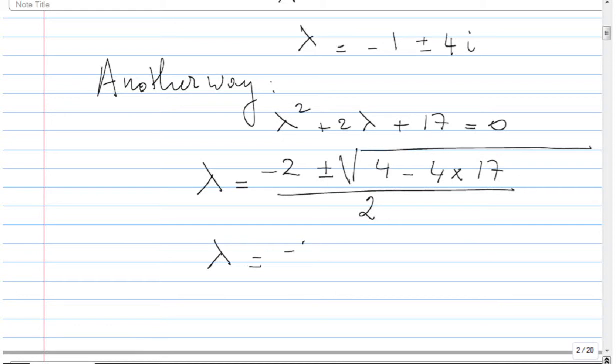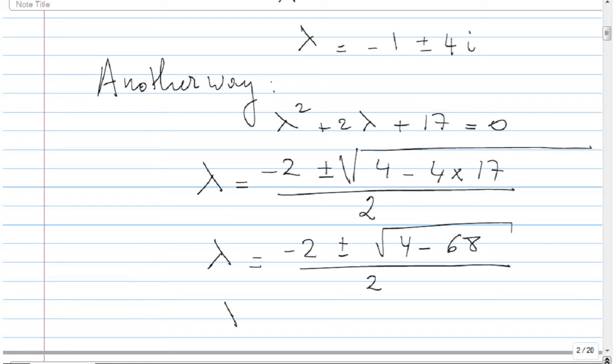So lambda equals minus 2 plus or minus the square root of, 4 times 17, that's 68, so 4 minus 68 is minus 64, over 2.